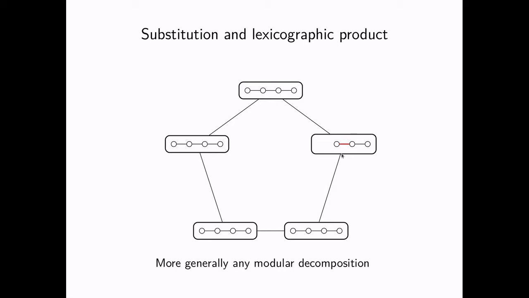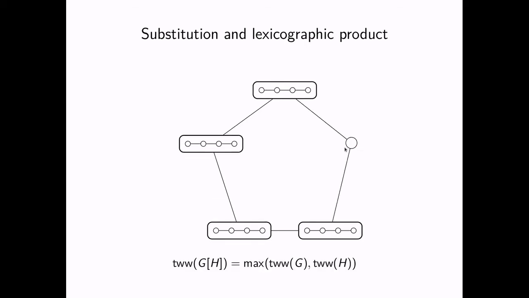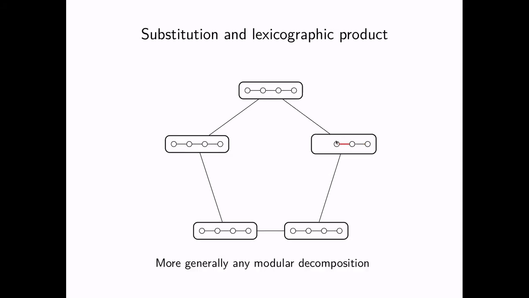What will happen in general is that you can contract within a module, within a subset here, and get the maximum red degree, the twin width of this particular graph, the P4, so in that case 1. And you will never create red edges that are leaving this subset.